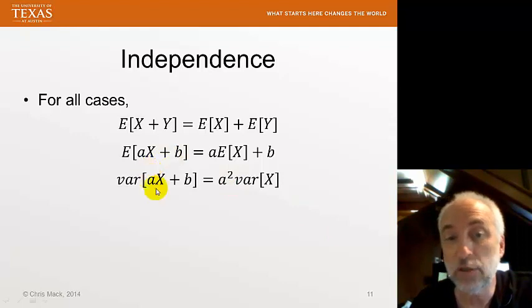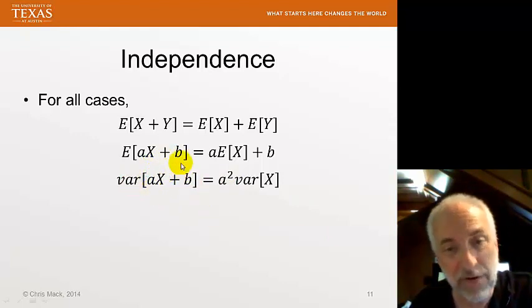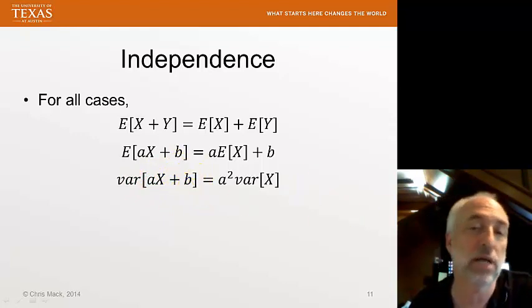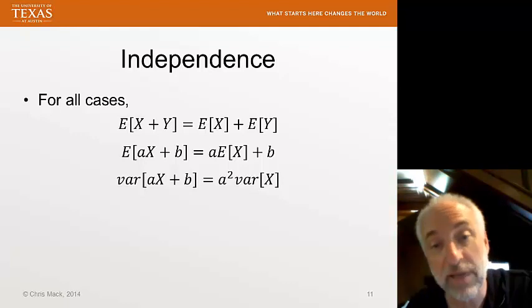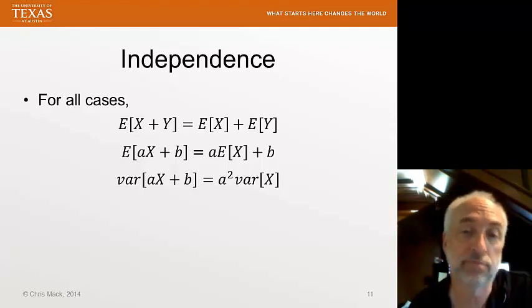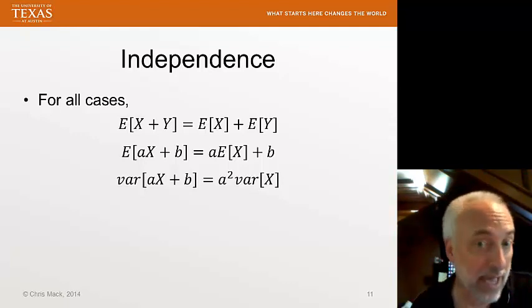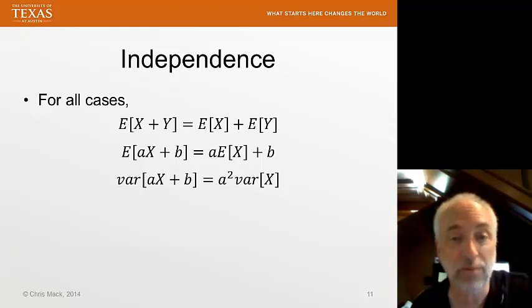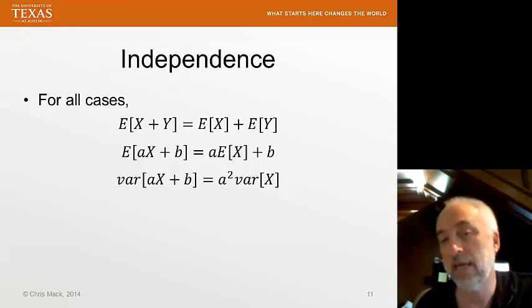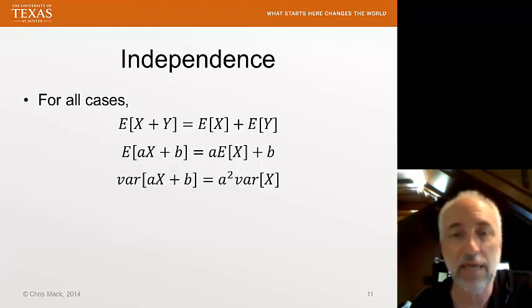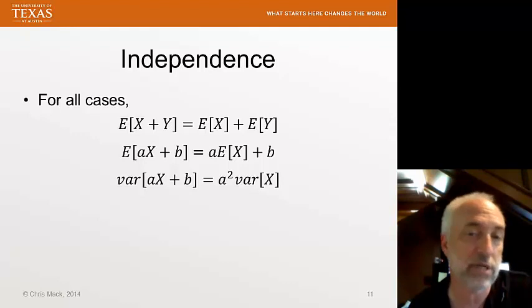If I do a linear transformation of some random variable x and then take its variance, the offset b has no impact on the variance whatsoever. And a scaling factor, a, will scale the variance of x by a squared. Again, variance acts as a squaring operation, so any scaling by a results in a squaring of a before scaling the variance.